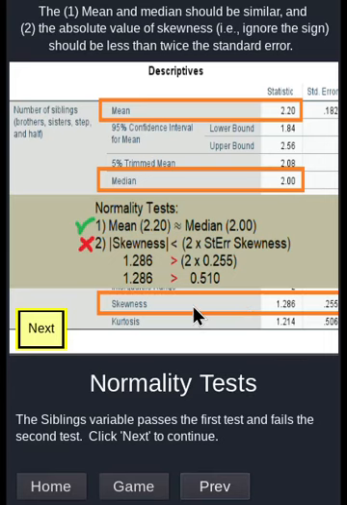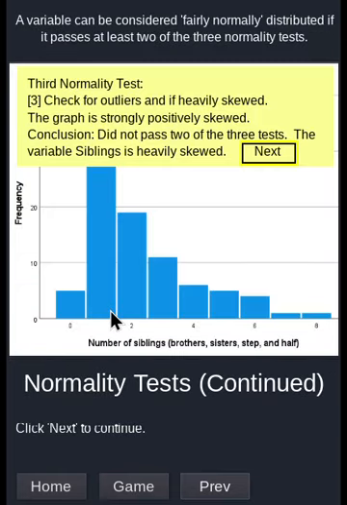So we check into it, but we're not basing everything on it. And then with the graph, likewise, we're going to look at it, and for small sample sizes, it can look really messy, but as the sample sizes increase, if it looks really heavily skewed, that's a good indicator, again, that we're working with a skewed distribution. So those are our three tests.